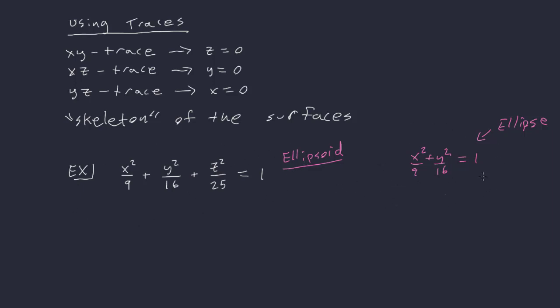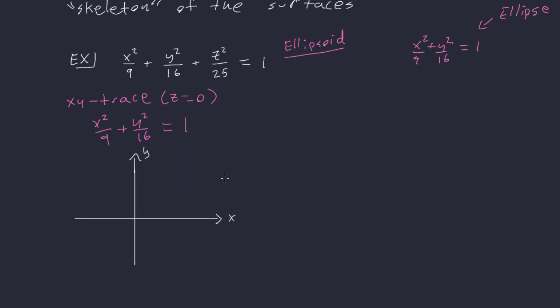What I've drawn here is the xy trace. The xy trace when z is equal to 0 is an ellipse: x squared over 9 plus y squared over 16 equals 1. With ellipsoids, if it's x squared over 9, that means x has a radius, so to speak, of -3 to 3.